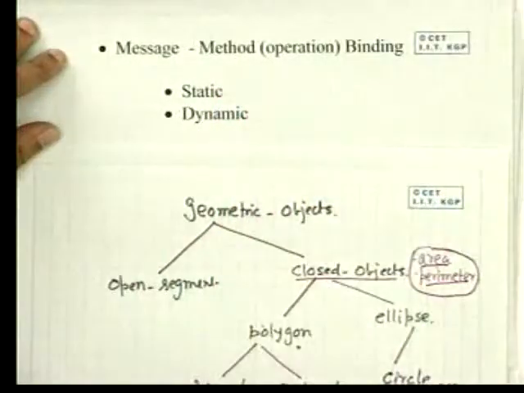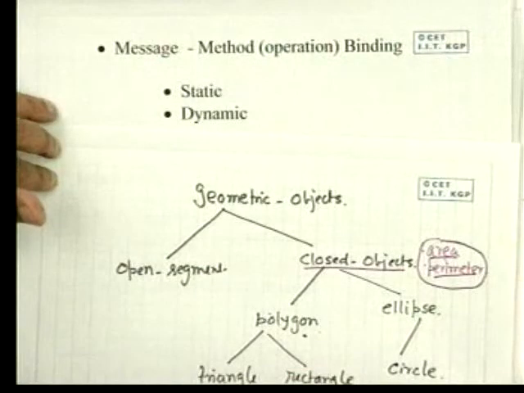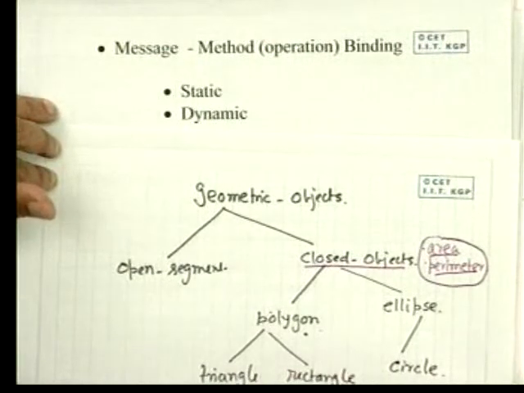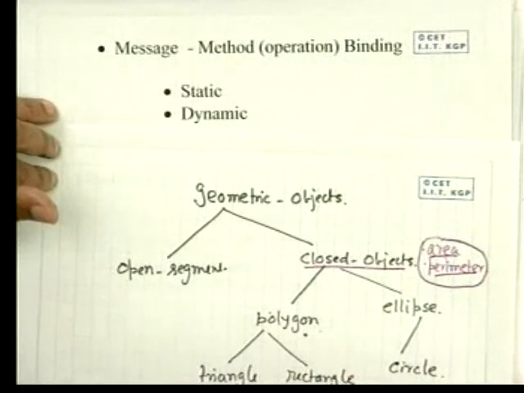Now, the moment we have the concept of polymorphism, or we support it, the message and method binding, as I was mentioning, can be done in two ways, either statically or dynamically. In the case of static binding, what we mean is that when the code is being compiled, at that time itself it is decided that the triangle area code will be used if x is a triangle, and that function will be called.